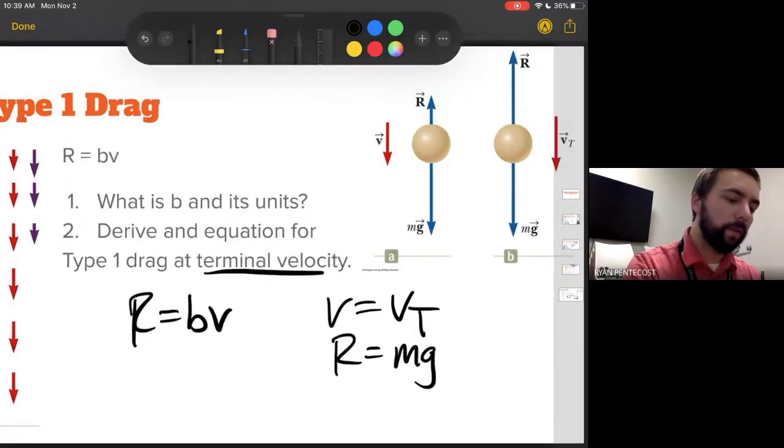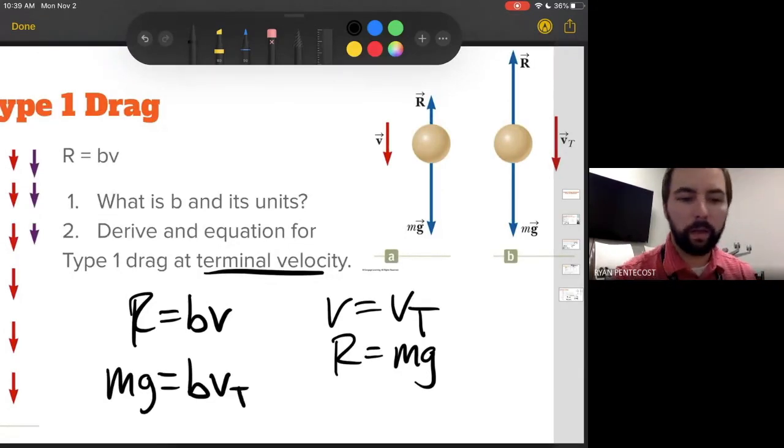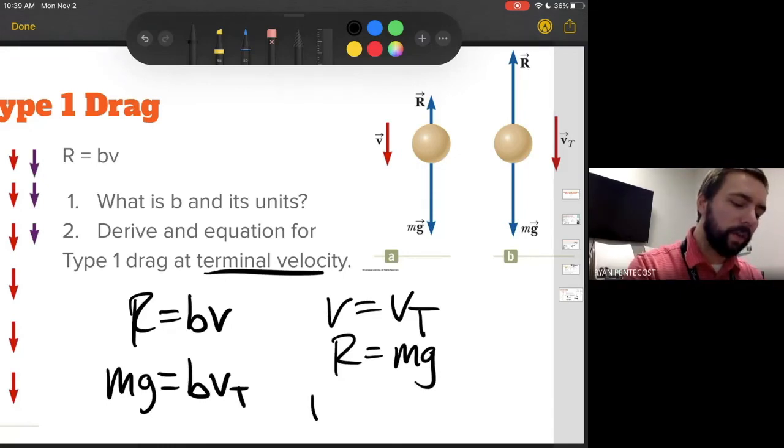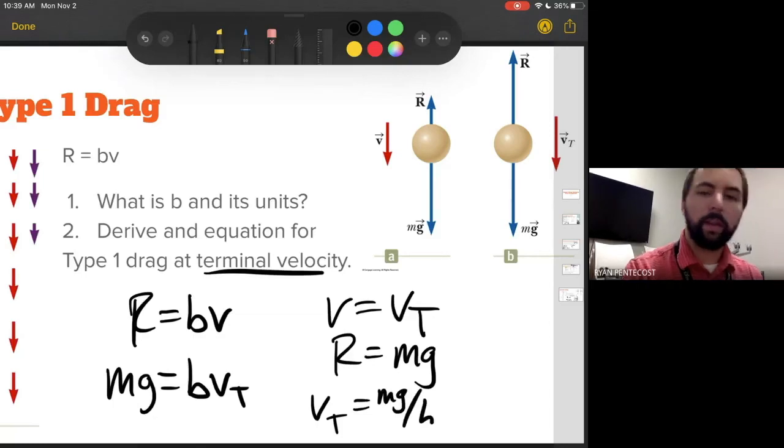So if we take those into account, all of a sudden we have mg equals b vt. That also means that you can look at the terminal velocity, vt, as mg divided by b. That equation can come up and be very useful in your problems as you're working through type 1 drag.